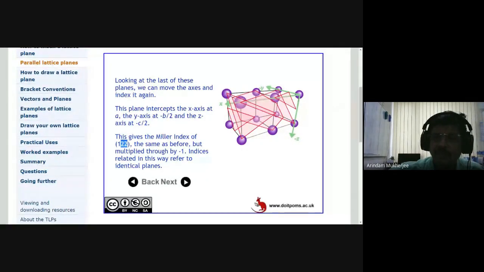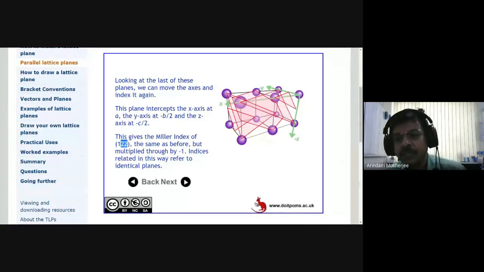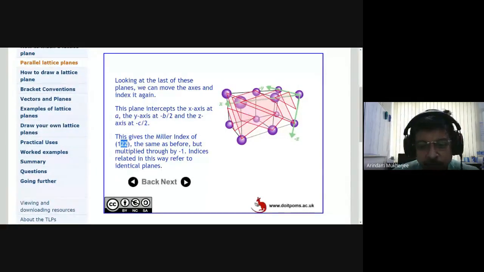You start to get a feel that Miller indices is a very powerful and simplified way of representing crystal lattice planes and finding out lattice positions. Am I correct in saying that? It's much better than the equation of a straight line or a plane, right? It's much simpler, isn't it? You don't have to solve so much. Correct.